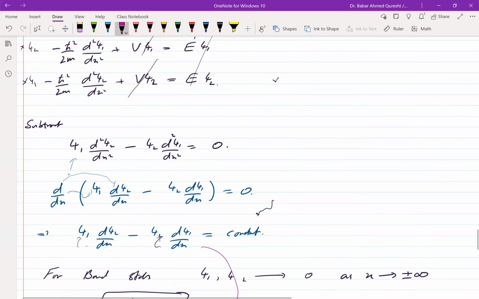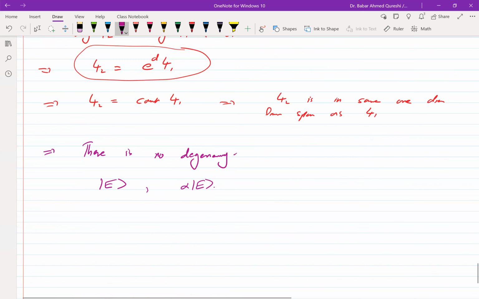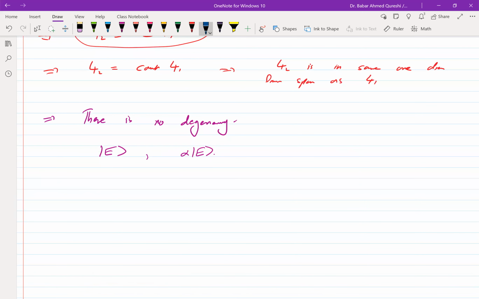Now, I can also check this. If I take this state n and check a dagger n, it turns out this is also an eigenstate.